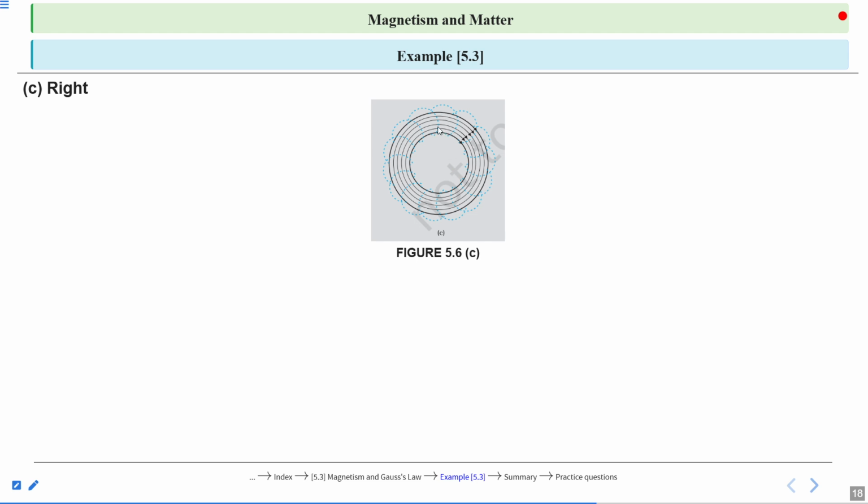But these magnetic field lines only exist in between the windings, not outside the windings. So this is the right representation of magnetic field lines for a toroid. The field lines are completely confined within the windings of the toroid, not outside. Outside, the magnetic field is zero.